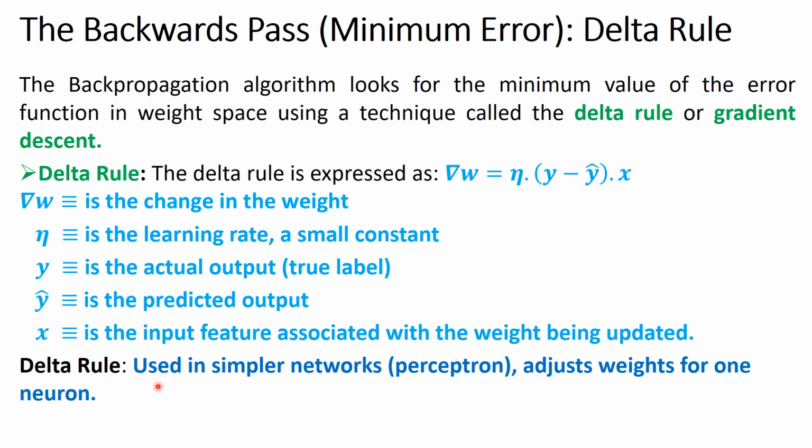Delta rule used in simpler networks like the perceptron وحدة المدرك بنستخدم فيها الدلتا rule to adjust weights for one neuron لتعديل الوزن لنيورون واحد.